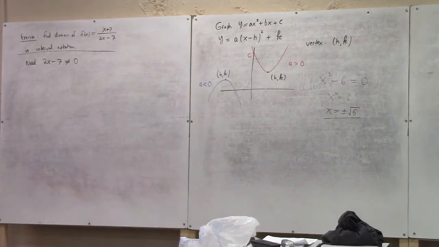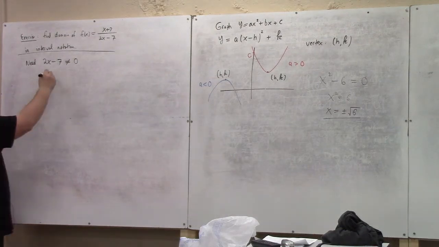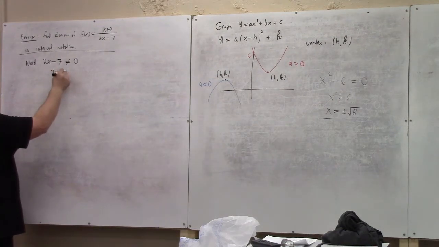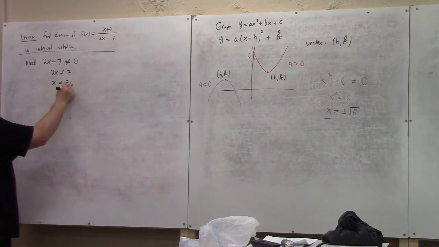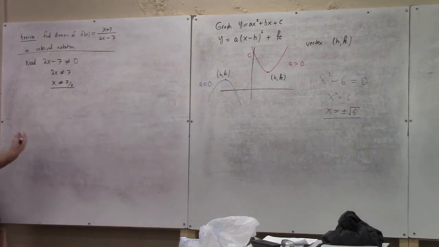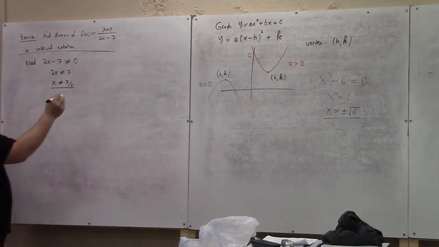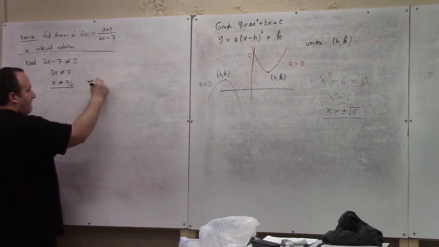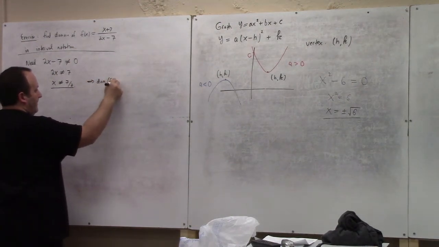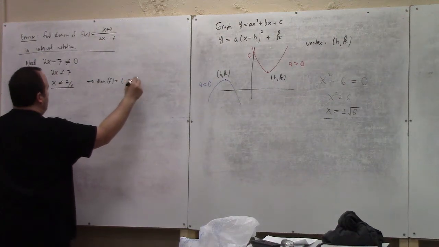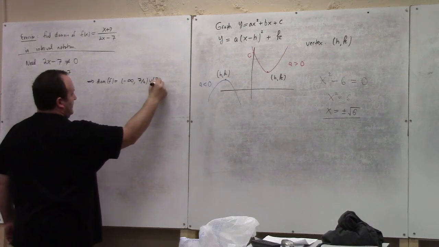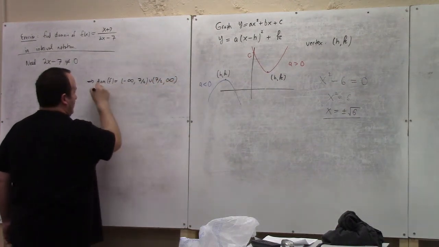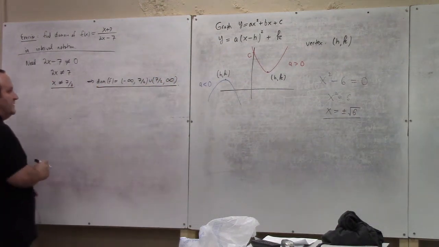We must avoid that. So that gives me 2x is not equal to 7, which gives me x is not equal to 7/2. So that's the x which we must avoid. So what's the domain of f? Minus infinity to 7/2, not included, unioned with 7/2 to infinity. That would be the domain in interval notation.